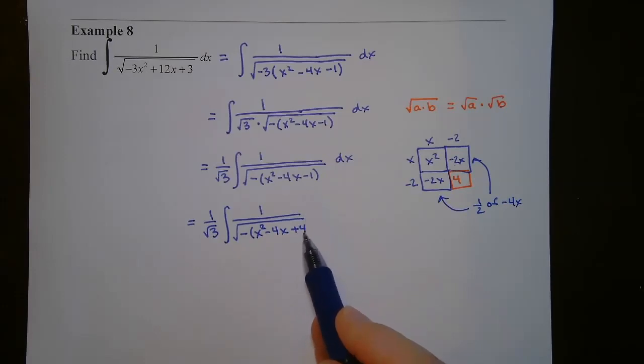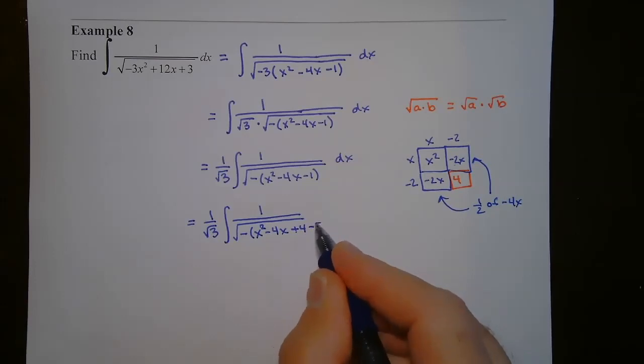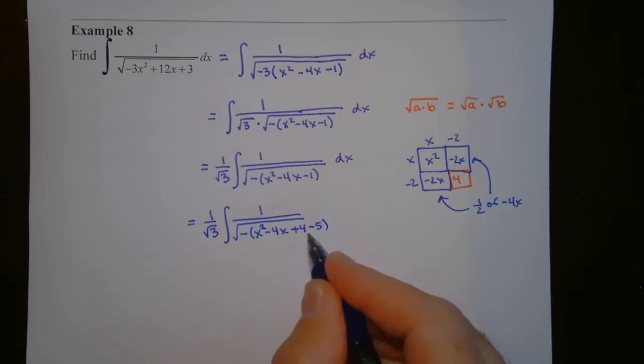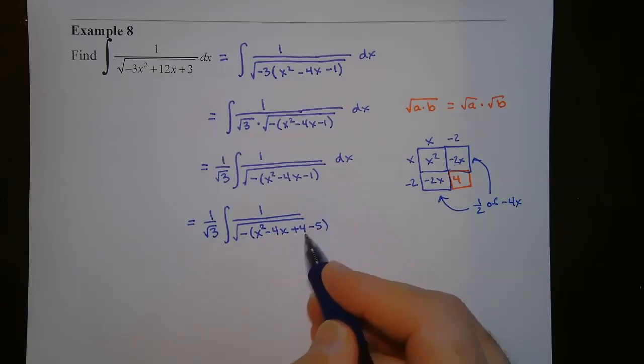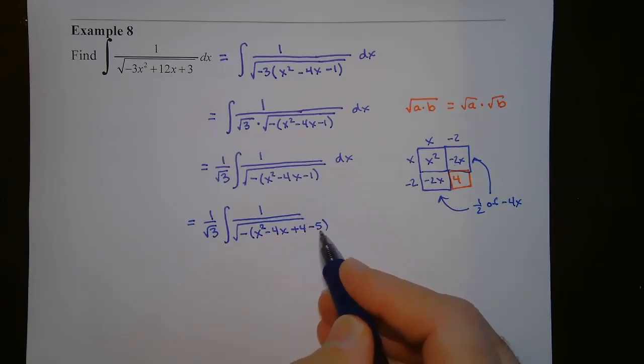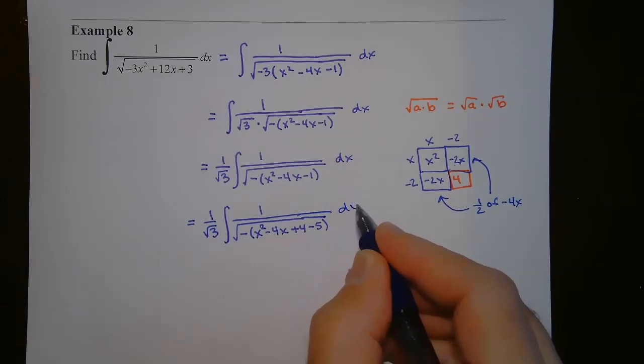So what do I need to do to make it right? I need to subtract 5, because what's 4 and negative 5? Well, it's negative 1. So I still have this negative 1 right here, it's just that I broke it up into 4 and negative 5. Extend my square root, extend my fraction bar a little bit, dx.